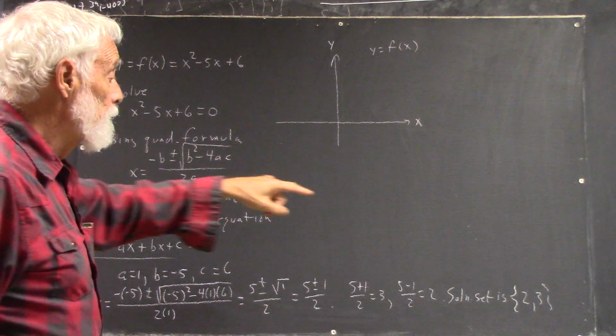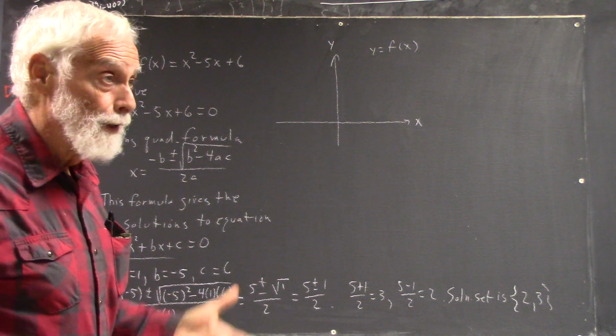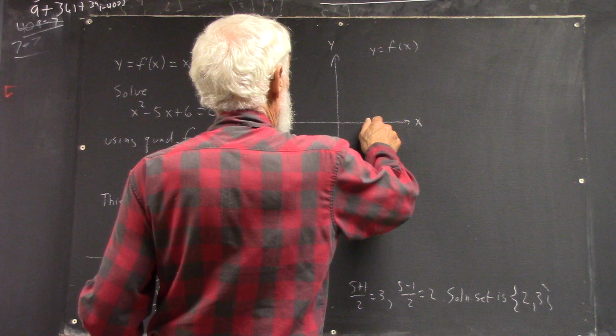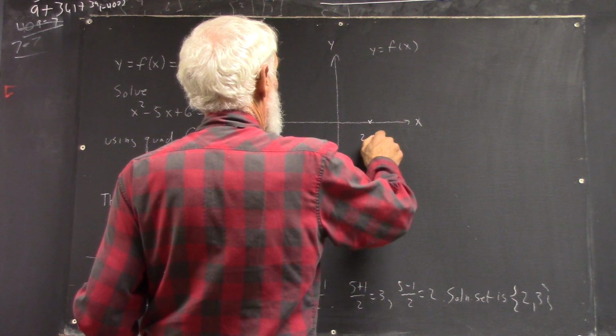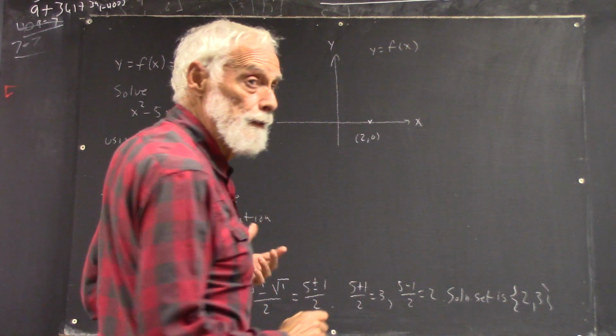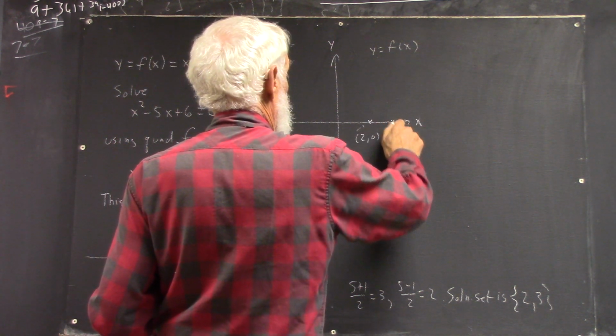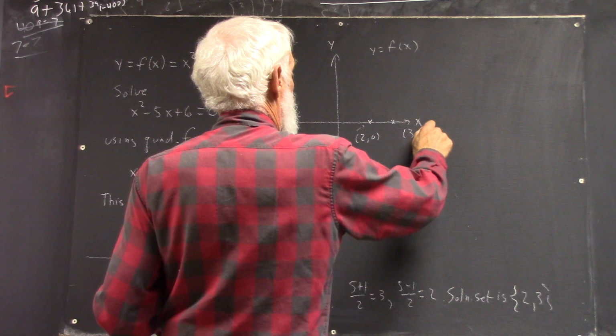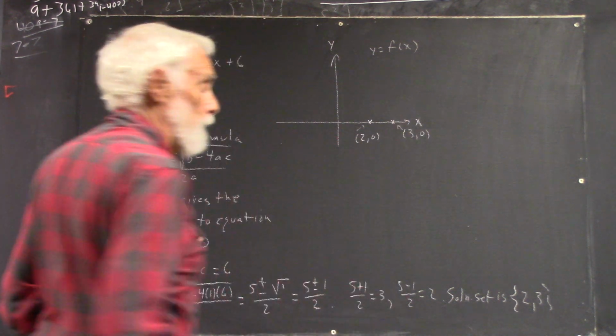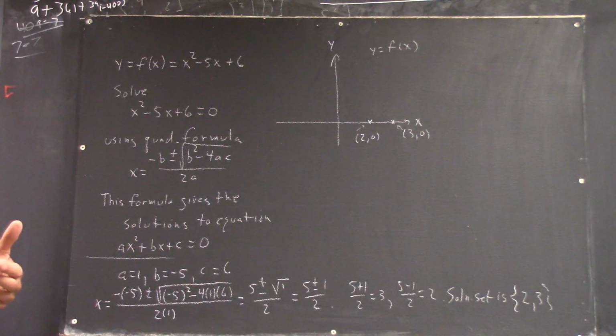So if x equals 2, y equals 0, what's that mean? It means that the point 2, 0 is on the graph. And similarly, the point 3, 0 is on the graph. Okay?